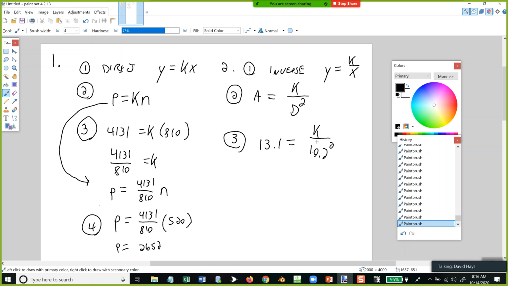Now we want to solve for k, so we multiply both sides by 10.2 squared. Then we get k is equal to that. Now, if you want to simplify that, you can, but you're going to plug it all in the calculator at the end anyway. So we then want to take that value of k and plug it into our equation from step 2. So we've got A is equal to 13.1 times 10.2 squared over d squared.